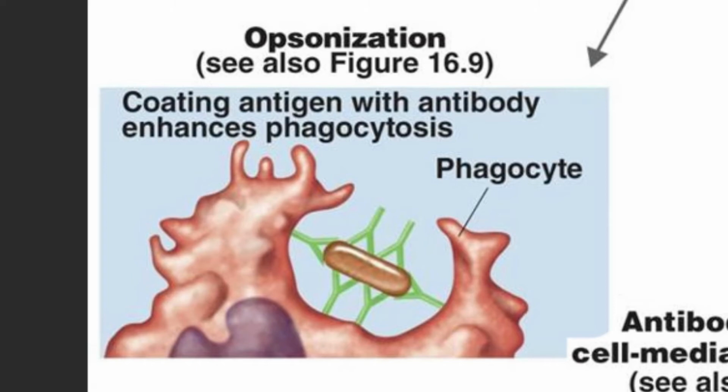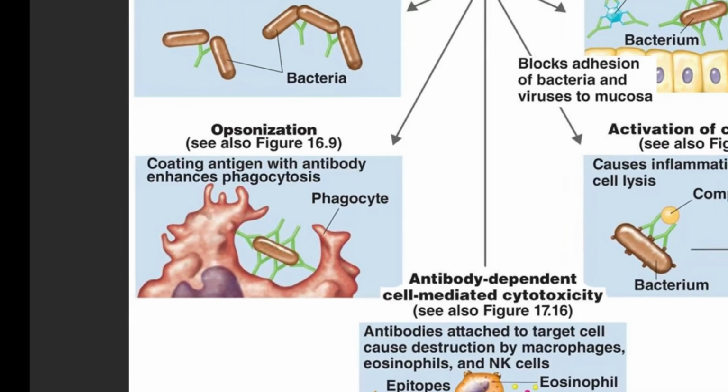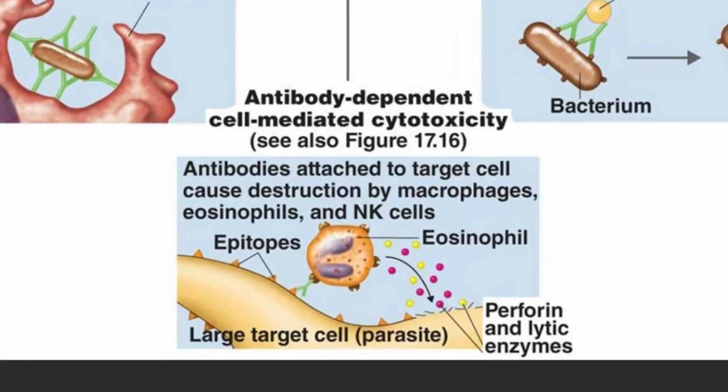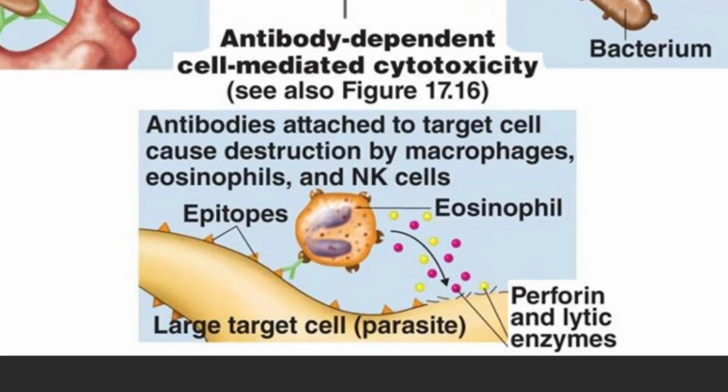All right, now we'll get down to the last of the 5 results, which is antibody-dependent cell-mediated cytotoxicity, which I grant you is a mouthful, but it's a very descriptive term there. If you look at the last word, cytotoxicity, so this is going to result in something that's toxic to cells, and the cell that it's toxic to is that large parasite there at the bottom.